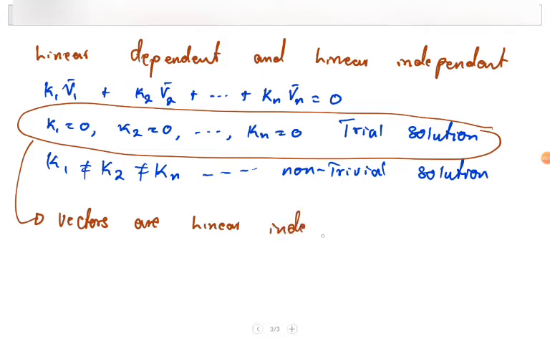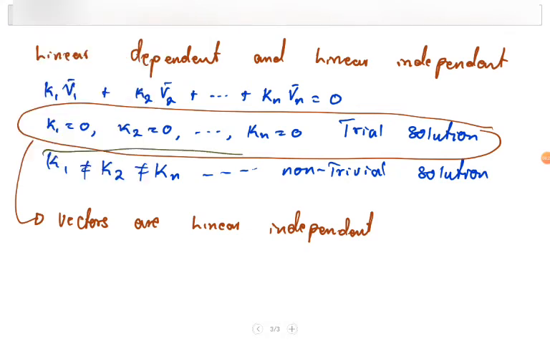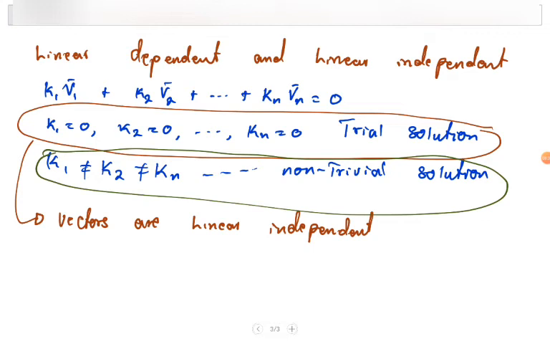But remember that zero is a trivial solution, so if you find that you have an alternative solution, which is a non-trivial solution, therefore you say that the system of vectors is linear dependent.